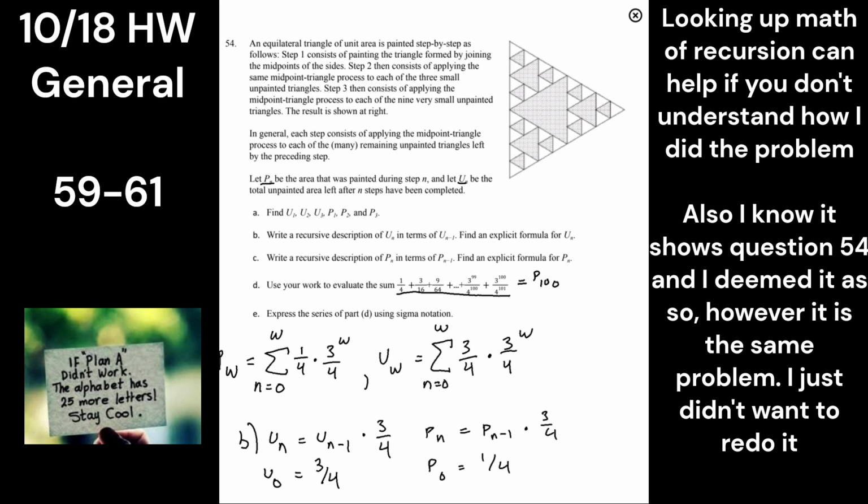So that was B and C, real quick. That was really easy. We just used the sigma notation and converted to sequence notation.